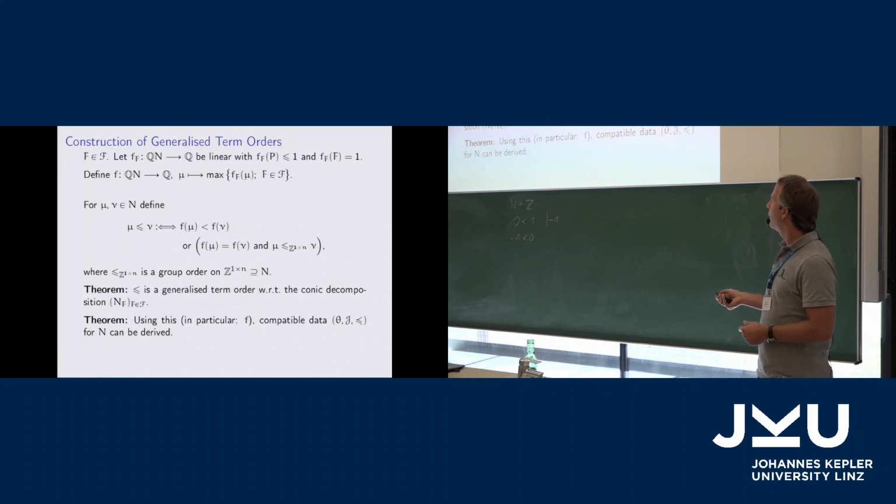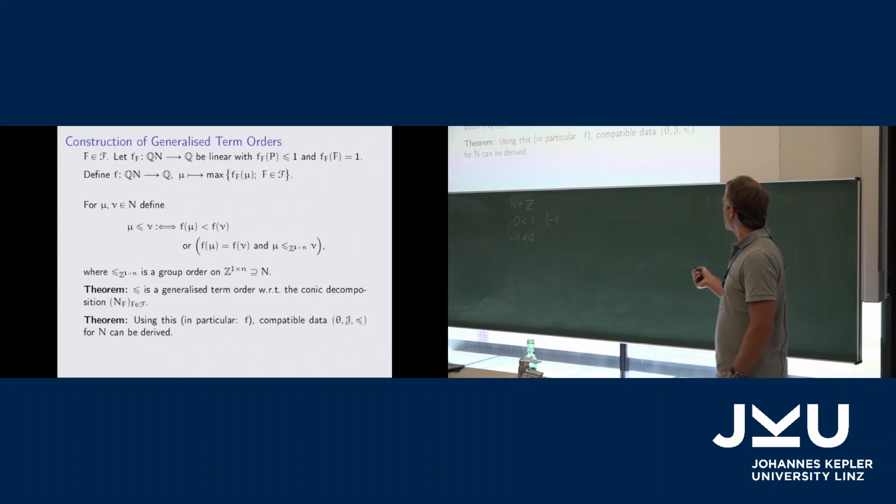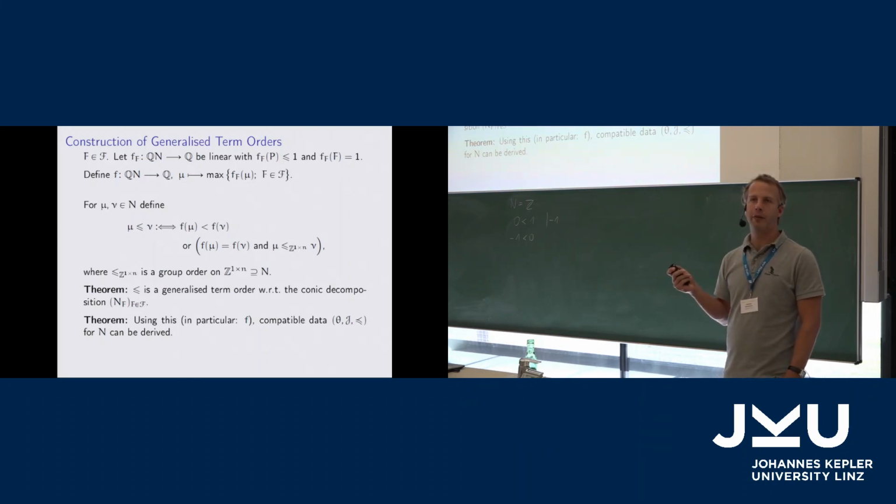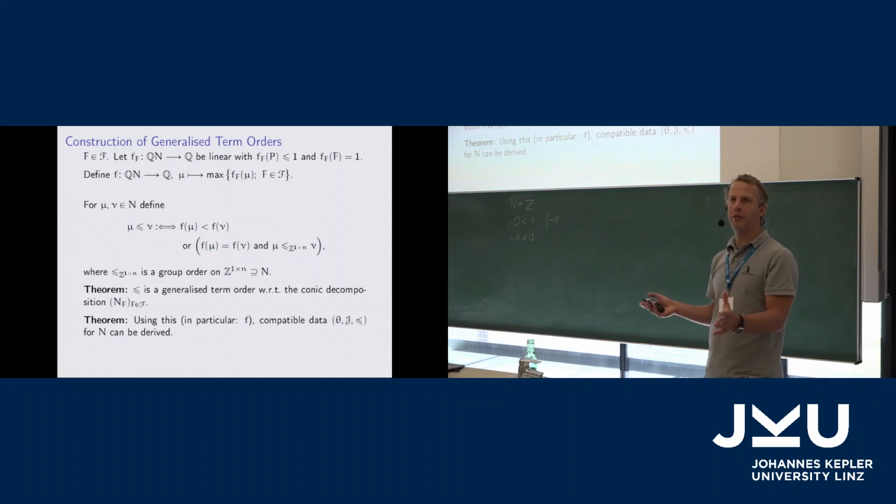And we can also compute this compatible data in the parameter space. And this is not a simple step, and we use explicitly the map F here. So when I started with an arbitrary generalized term order, I did not manage to lift it to the parameter space.